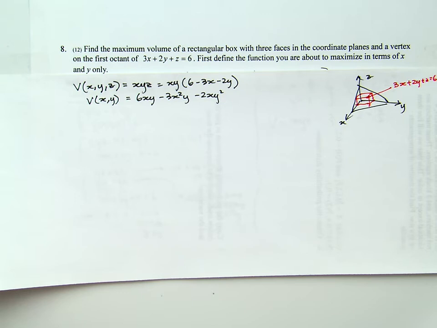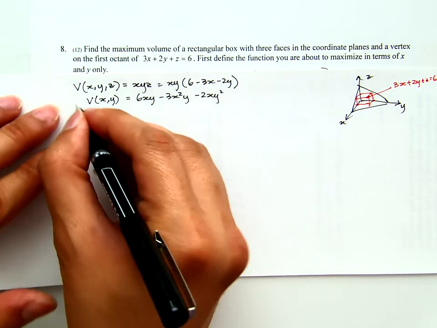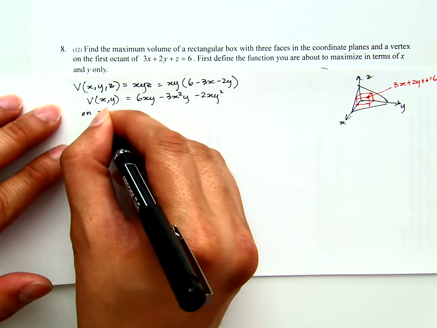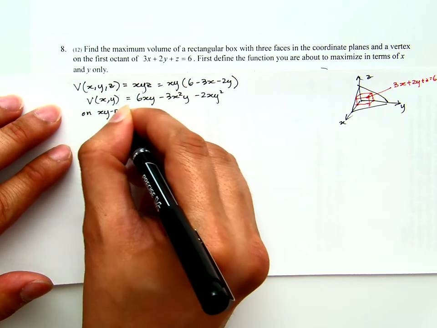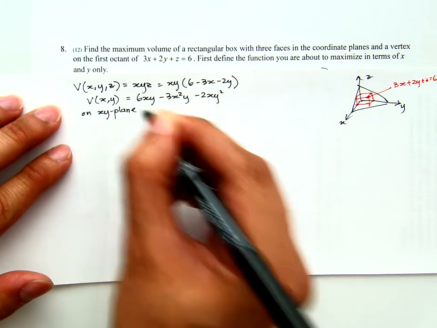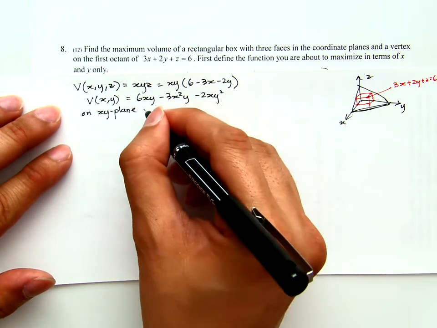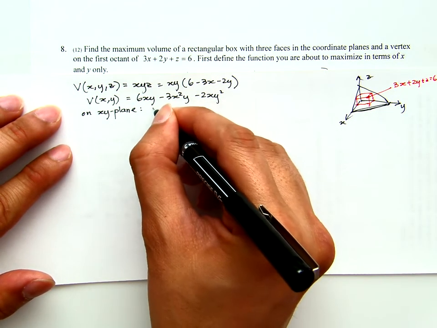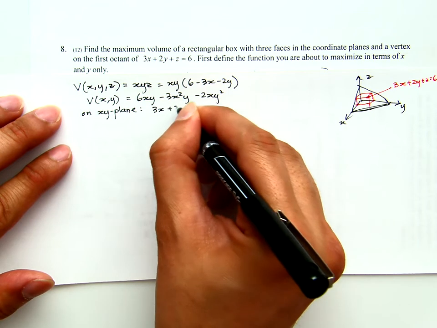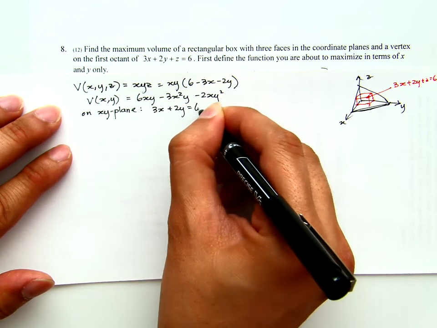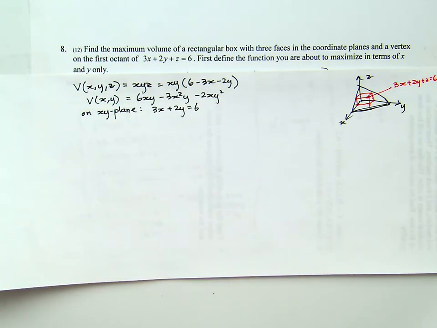Now on the xy plane, this line here is given by 3x + 2y = 6. Right?